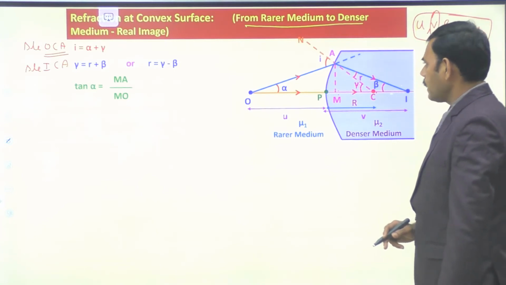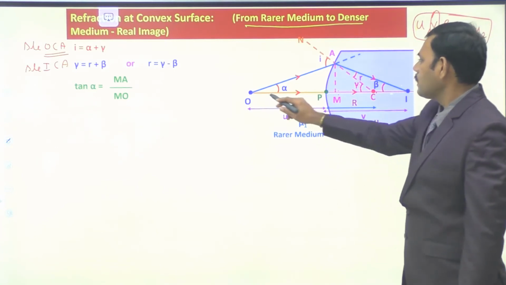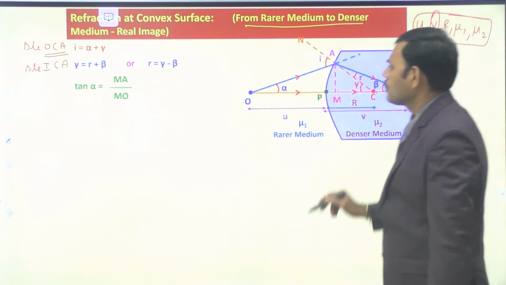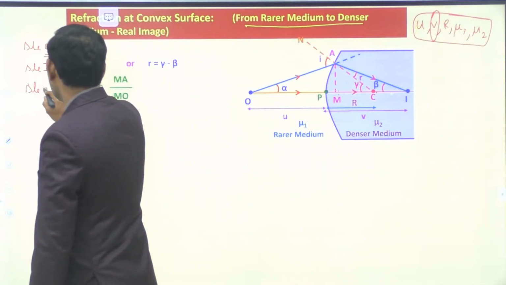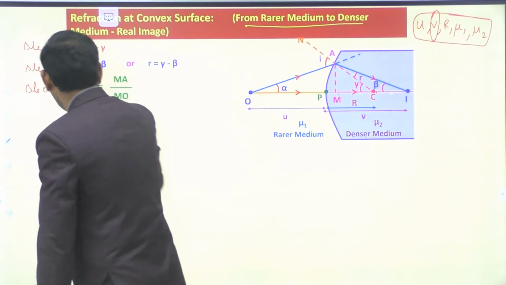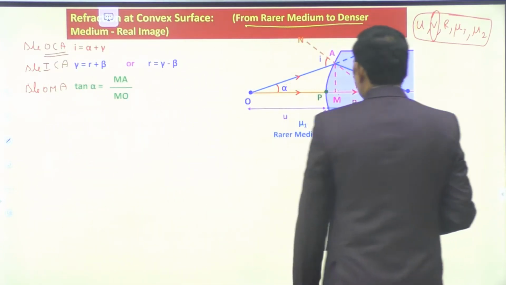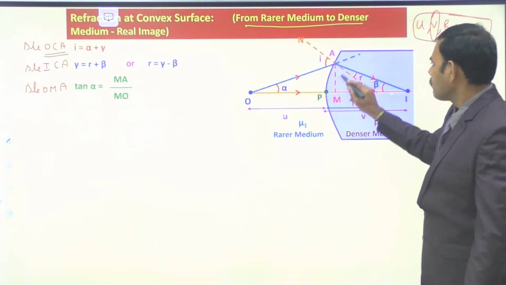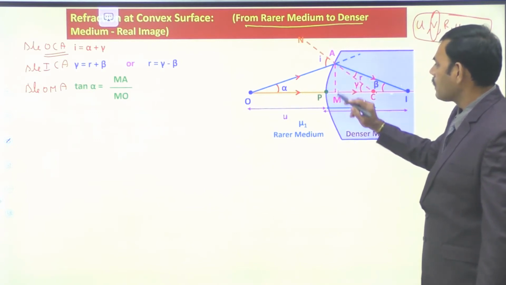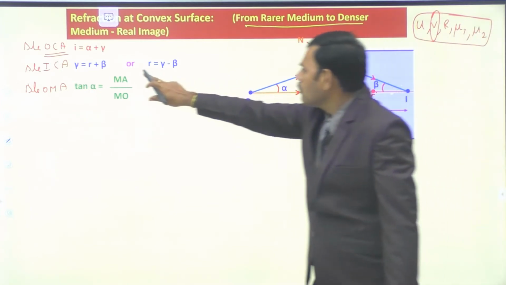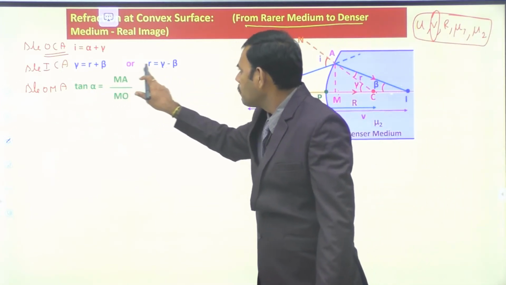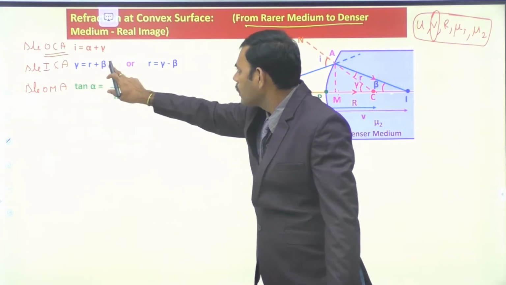Next, consider the right angle triangle OMA, with 90 degrees at M. Look into the diagram. Here we have alpha, here we have beta.